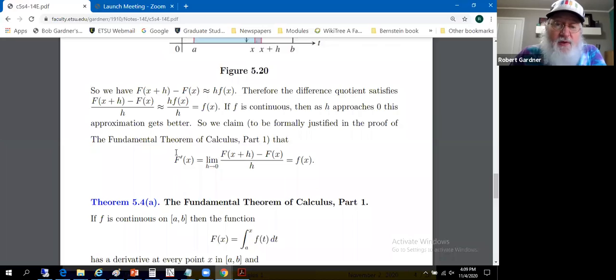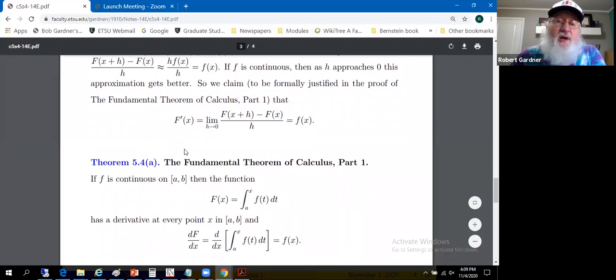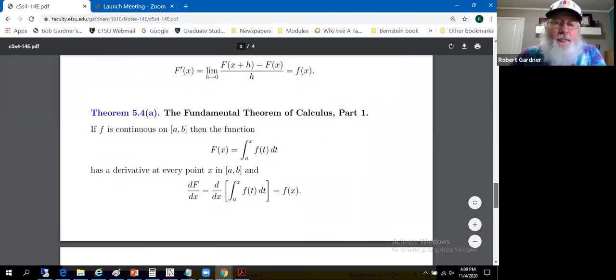Anti-differentiate the derivative, that gives you capital F. Capital F must be an antiderivative of f. That's how we're going to evaluate integrals using antiderivatives. That's not the fundamental theorem of calculus part 1. That's part of the story though. So right here where we saw this definite integral related to an antiderivative, that's basic to the fundamental theorem of calculus.